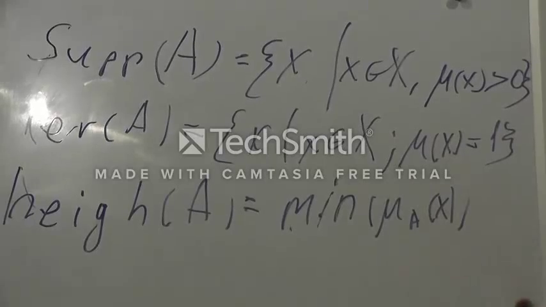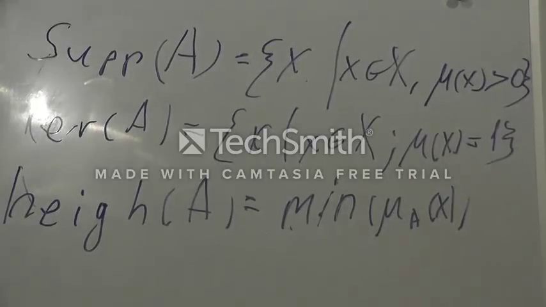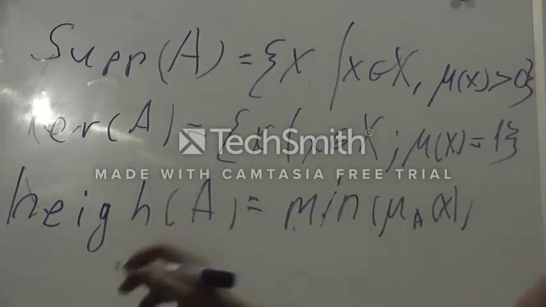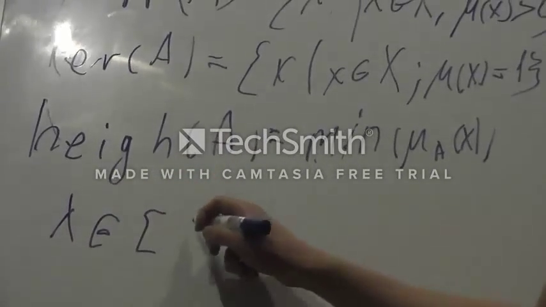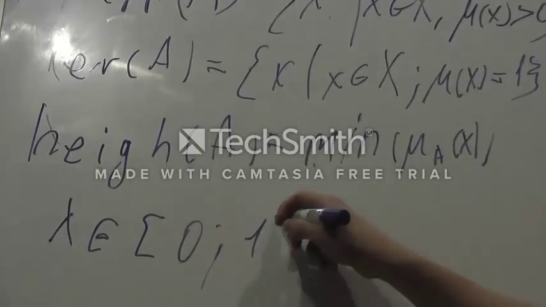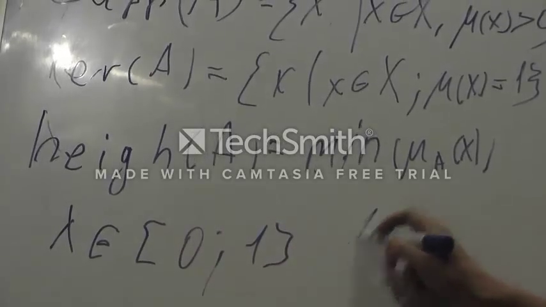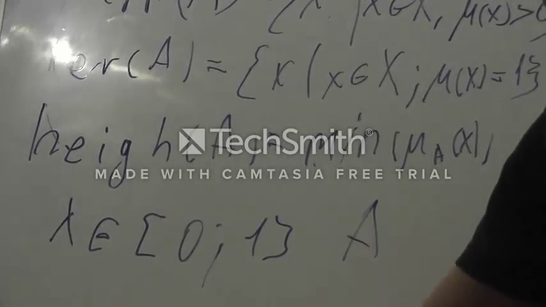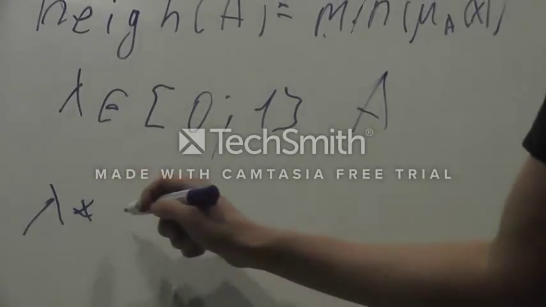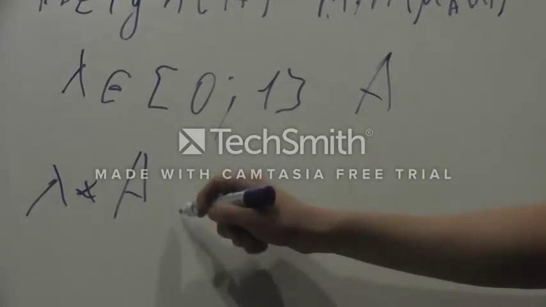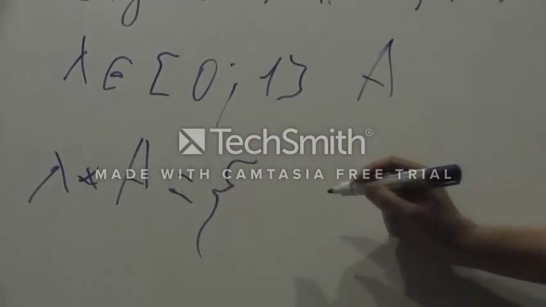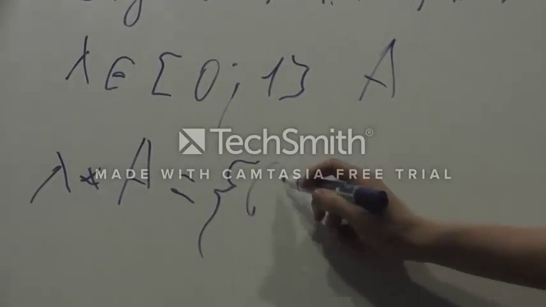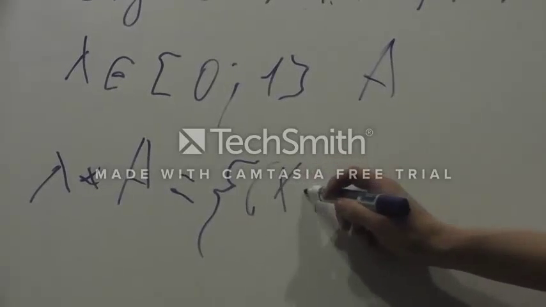This is just a number, and we can make a scale product of a real number lambda, which is from 0 to 1, and fuzzy set A. The scale product of lambda and A is a set of tuples.